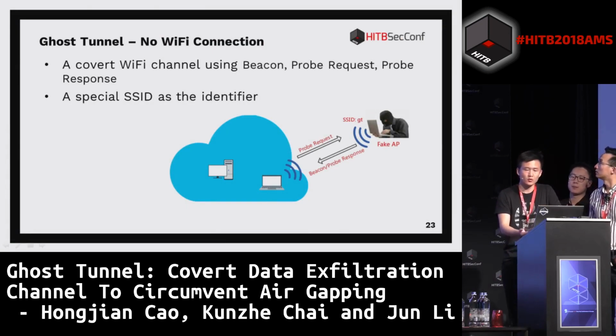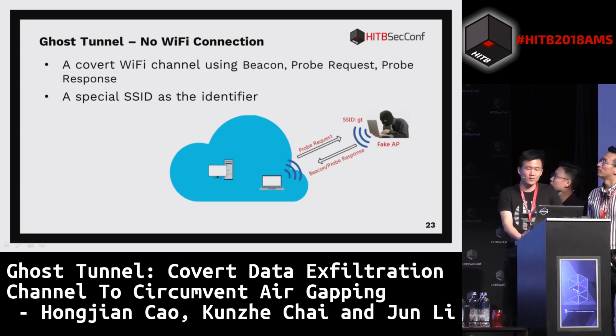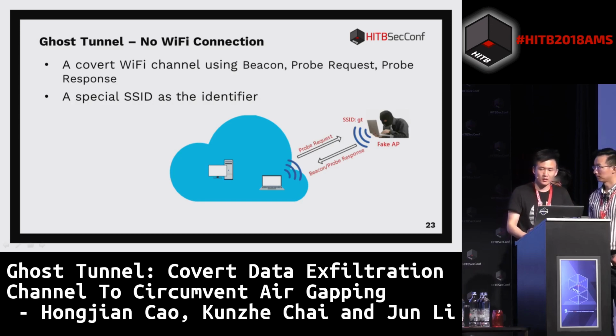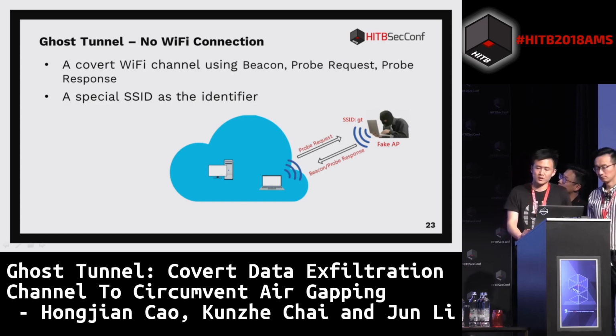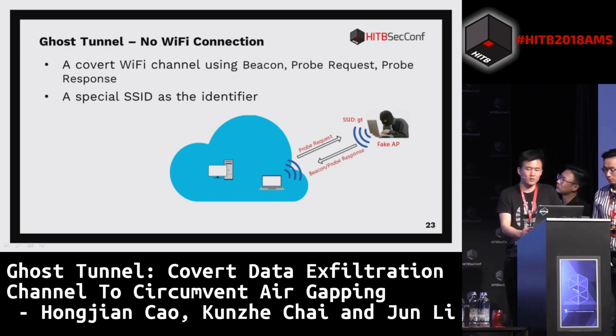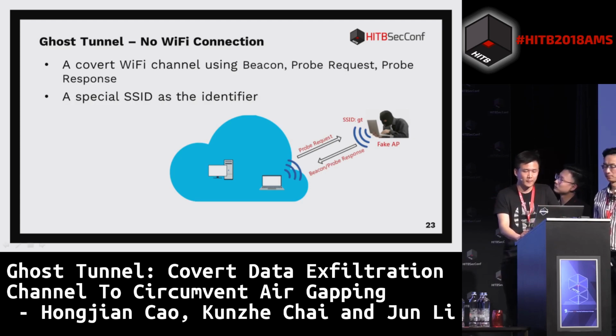So we can use probe request, probe response, and beacon to create a covert channel. First, the attacker creates a fake AP with a special SSID, and then the attacker and the target device use it as an identifier of the communication instead of the MAC address or the BSSID.